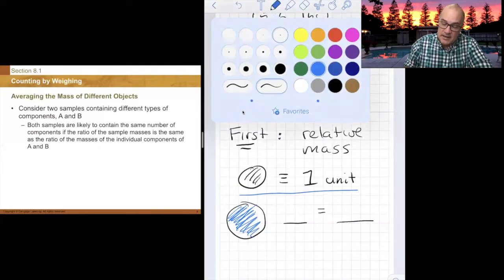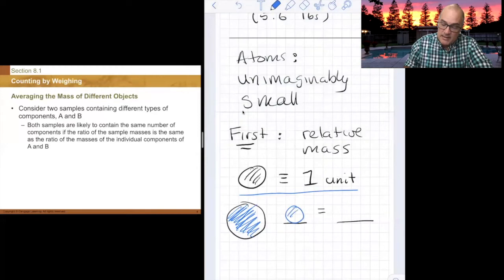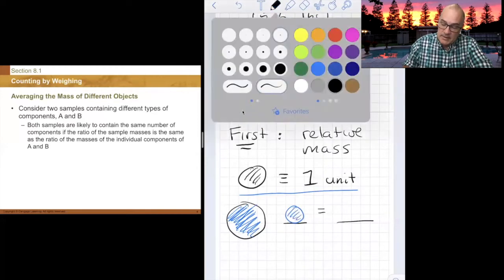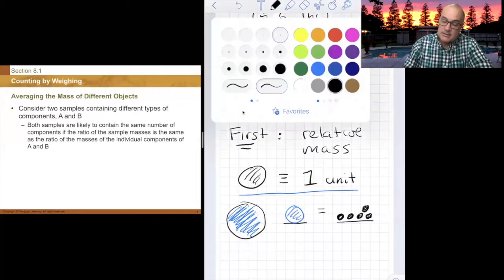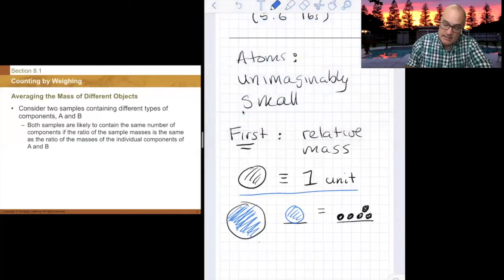And what I might find, for example, is once I put the blue atom here, that this requires 5 black atoms to balance it. So I can say that this blue atom is 5 units of mass.